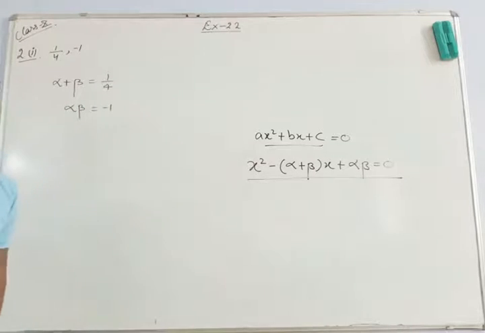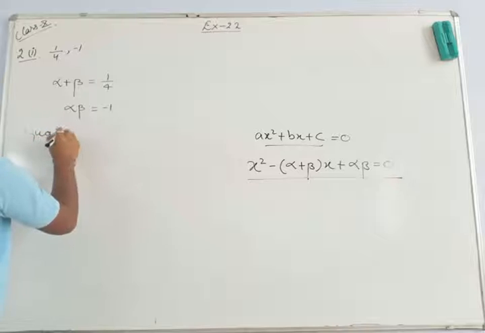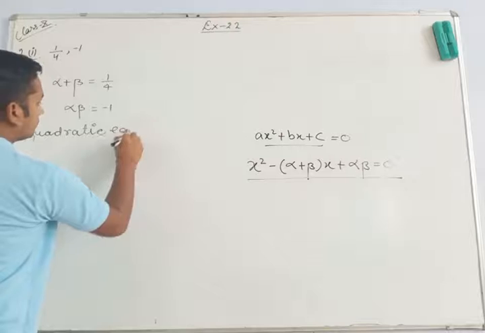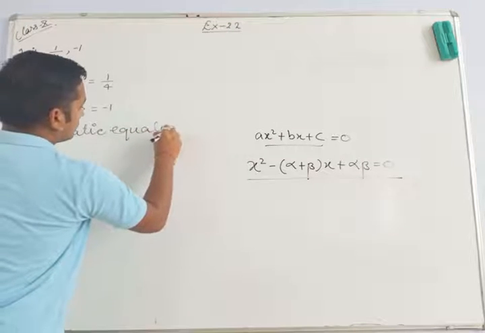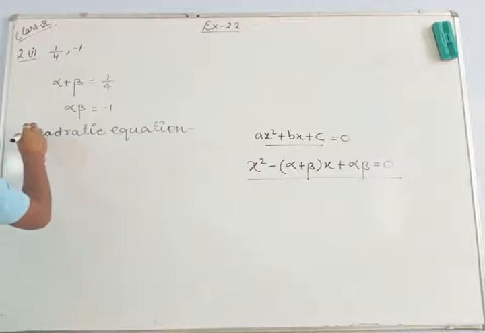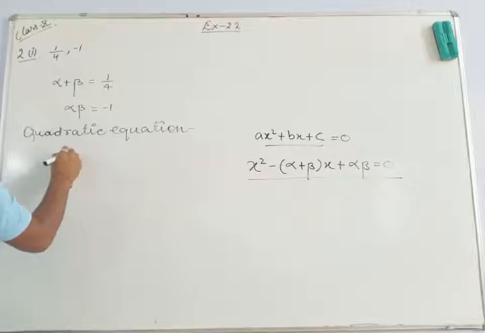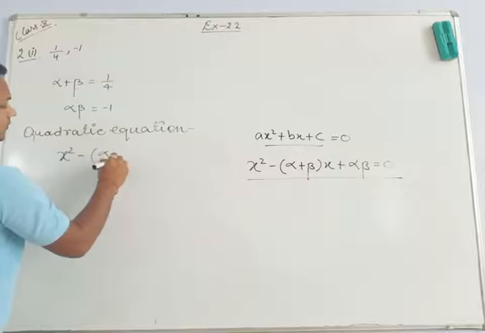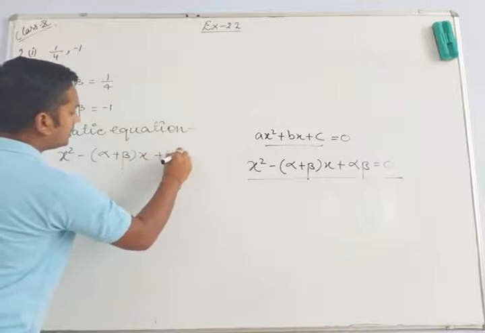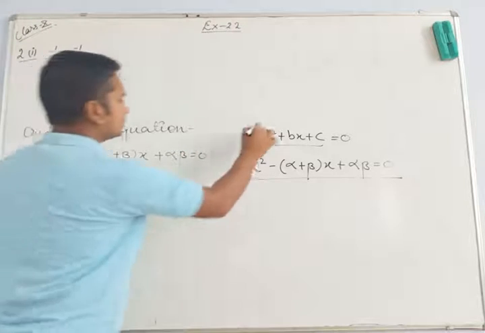So what will be our quadratic equation? x square minus (alpha plus beta) x plus alpha beta equals to 0.